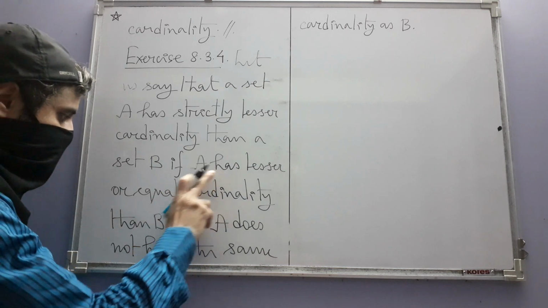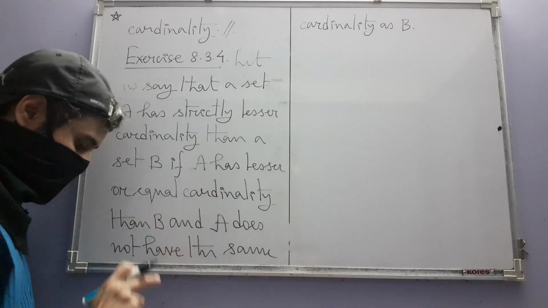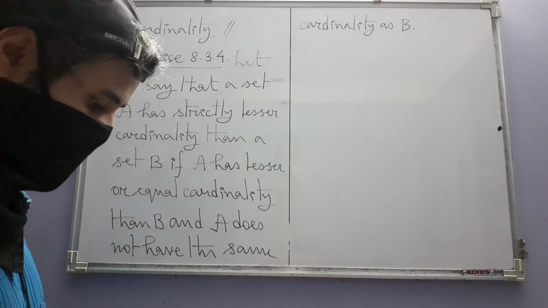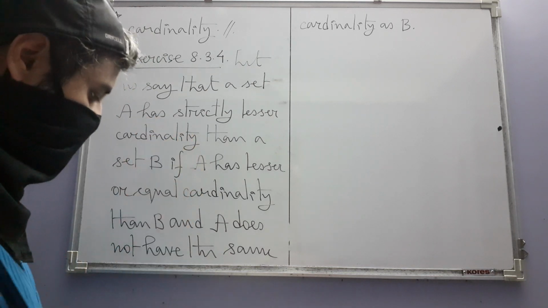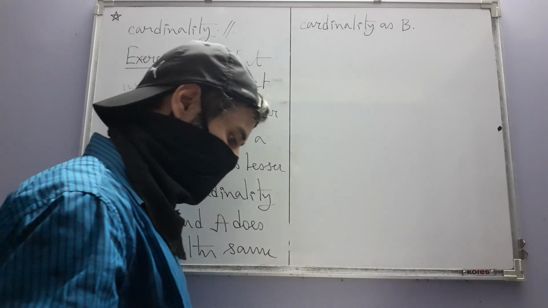And A has lesser or equal cardinality than B, that is in the sense of exercise 367, but that's understood. We have already seen that in the previous exercise.